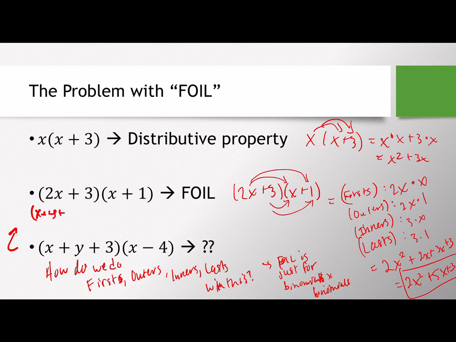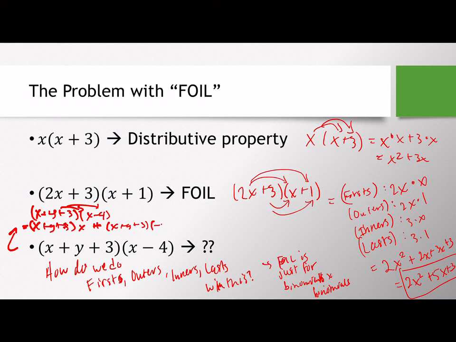x plus y plus 3 times x minus 4. We'll distribute that to the x and then to the negative 4. x plus y plus 3 times x plus x plus y plus 3 times negative 4.